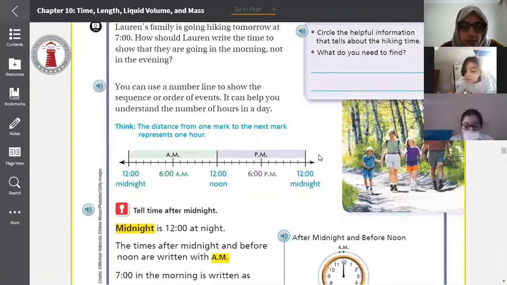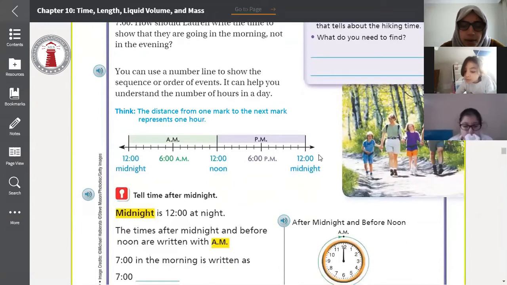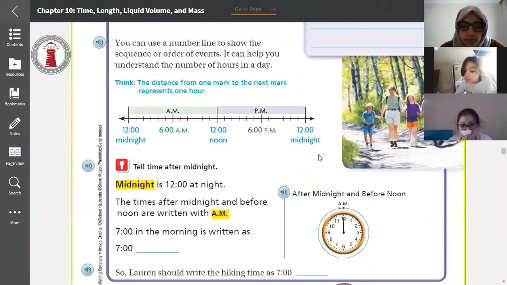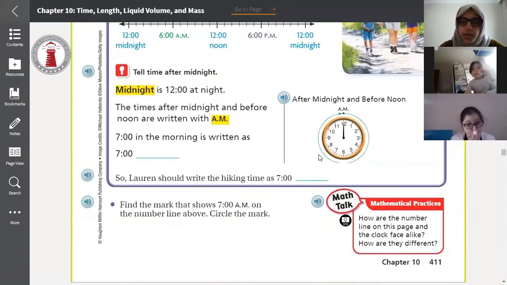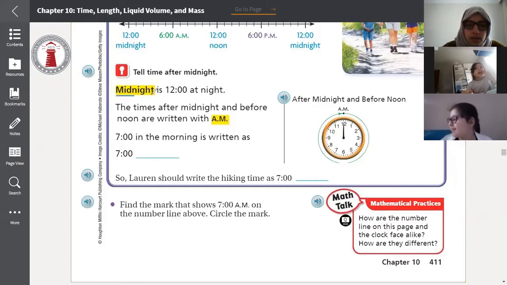So we need to be able to tell time after midnight. Okay? I'm going to press draw here. So we need to be able to tell time after midnight. Midnight is 12 a.m. at night because it is the middle of the night.